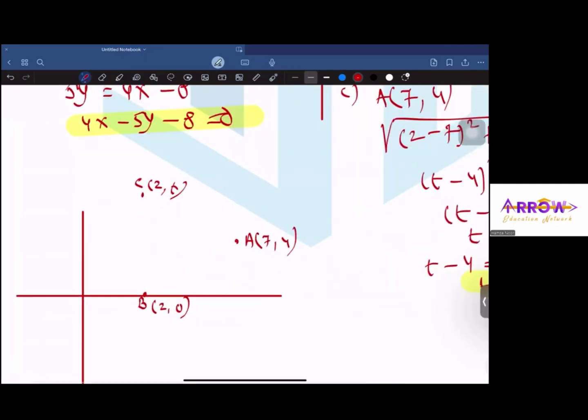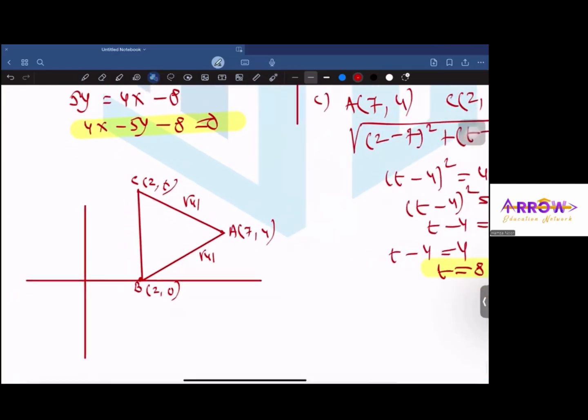So now we can see that we have an isosceles triangle over here, in which the length of AB is √41 and the length of AC is also √41. Now, if I make a horizontal broken line over here, this isosceles triangle will be broken into two halves, one half above this horizontal broken line and one half below it.